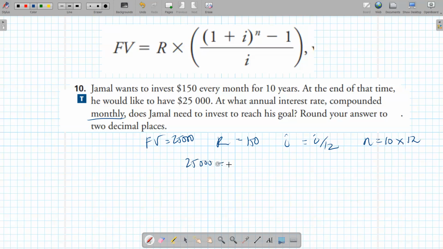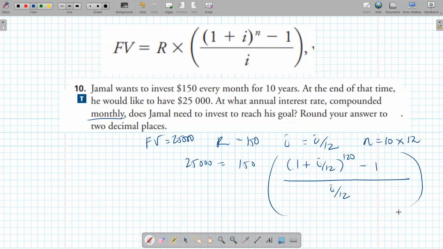So again, this is going to be a tricky question, or not tricky, but we just have to see how we do this. To the power of 120, which is n, minus 1, all over I over 12. Like that. I'm trying to think if this is even solvable. It should be, I think.